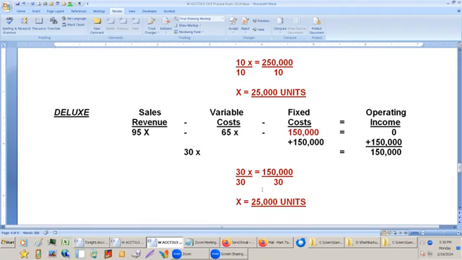And that should come out to 5,000, I think. Let me check just to make sure. Yep, 5,000 units.